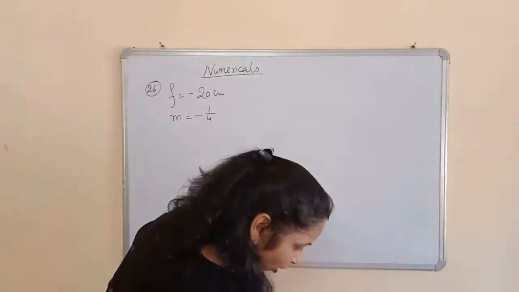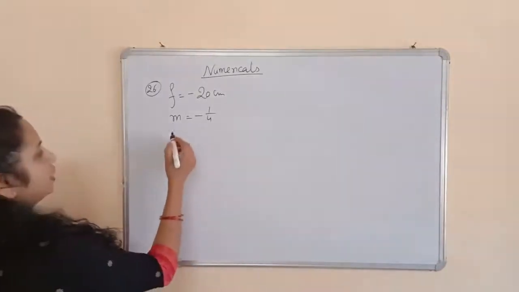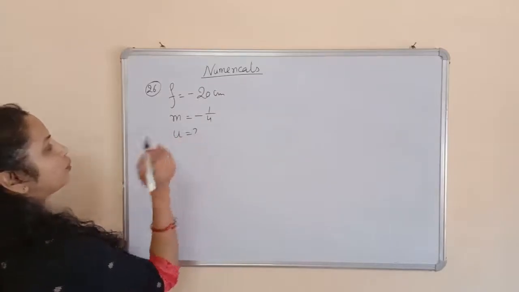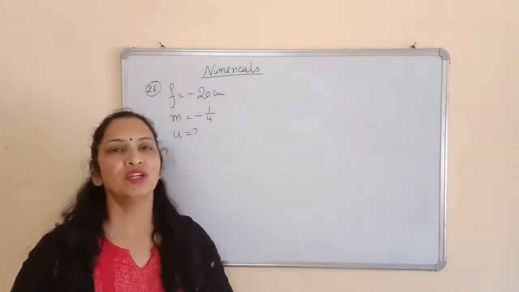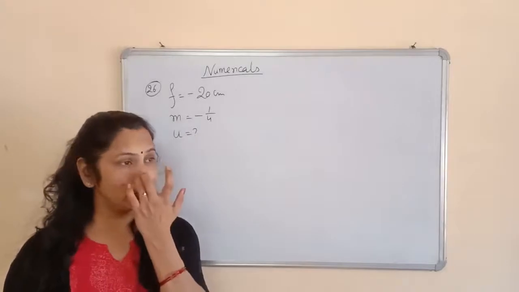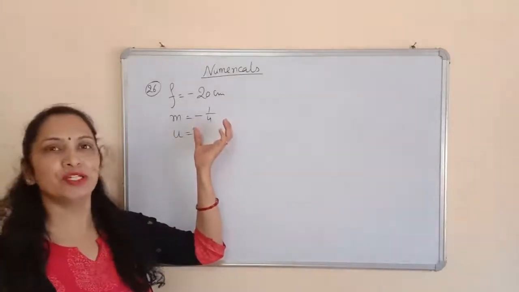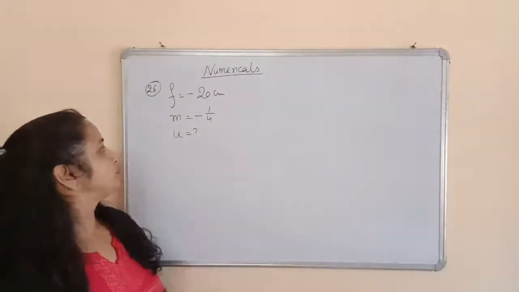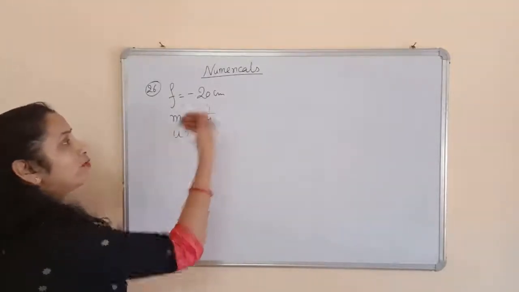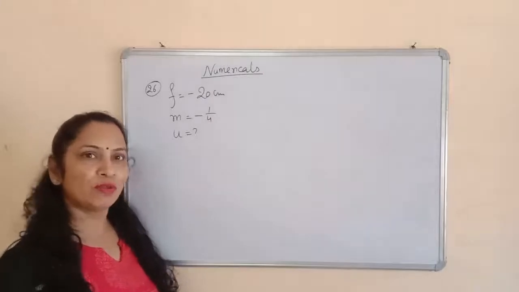You have to find how far the object should be placed, which means you have to find u, so that you obtain a real image of height 1/4. Now we know the formulas for magnification.